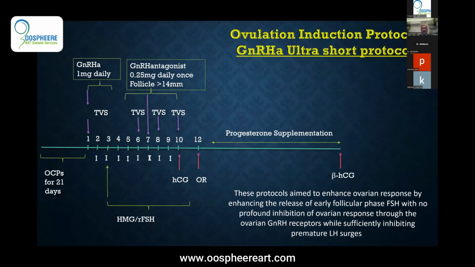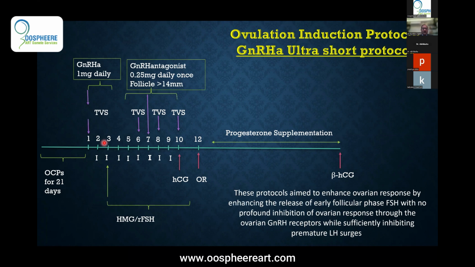Okay. Next is the ultra short protocol. In the ultra short protocol, instead of the 9, 10 days of the short protocol, you are making the duration even smaller, and that is only the first 3 days. When the patient reports to you in this protocol, we ask the patient to report on the first day itself.